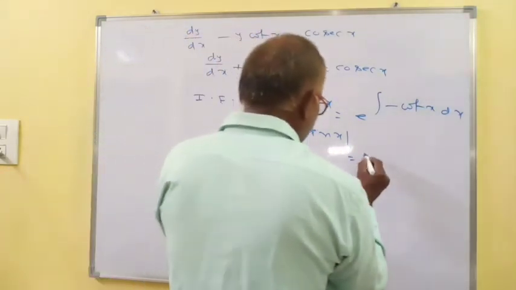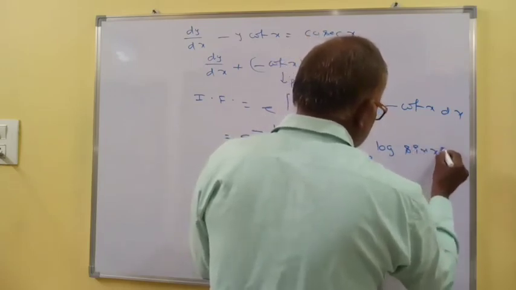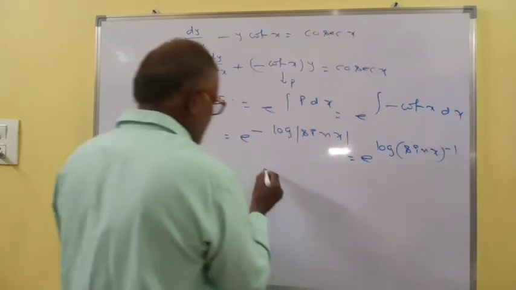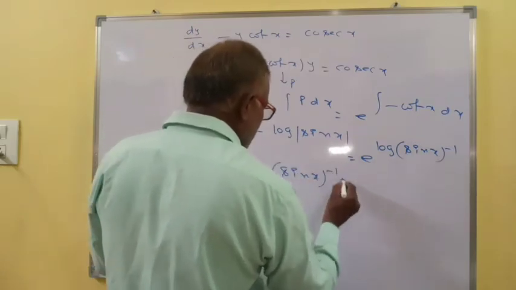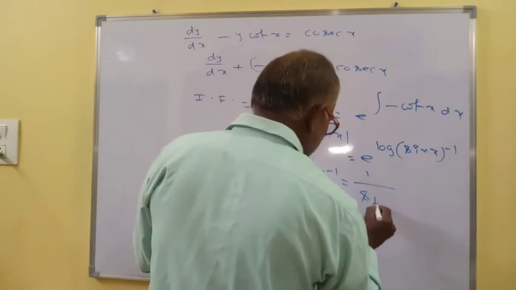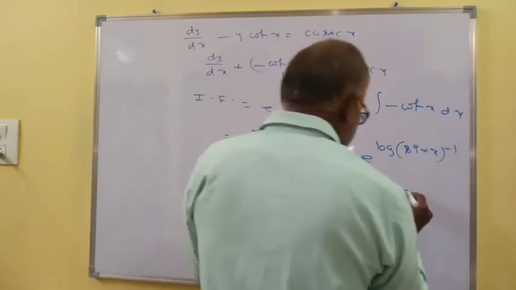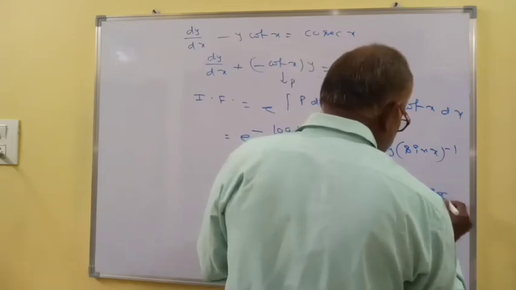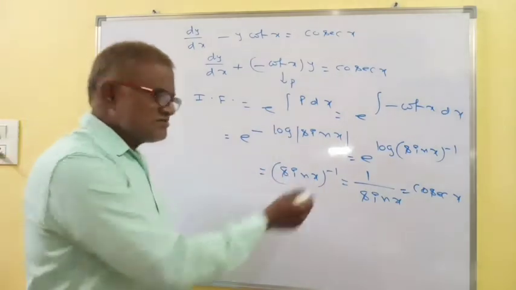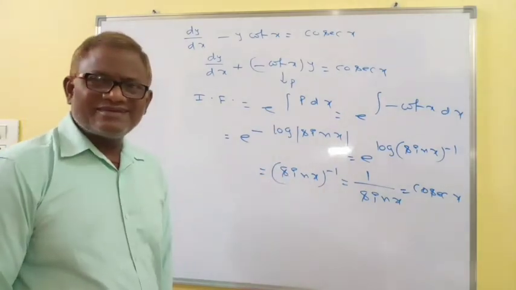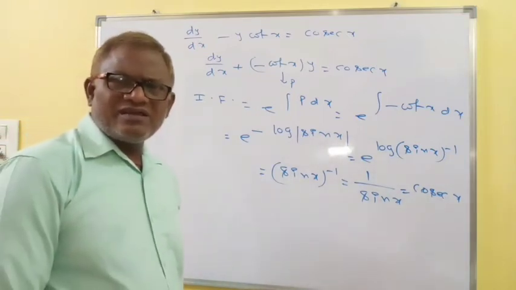So you can write e power log sin x whole power minus 1. So here the function is sin x whole power minus 1, which means 1 by sin x, which means cosecant x simply. So this is the IF for the given DE.